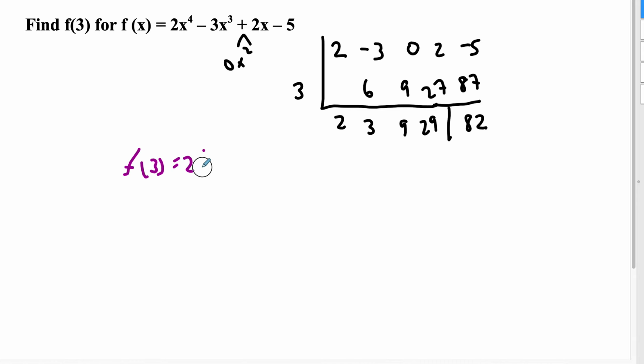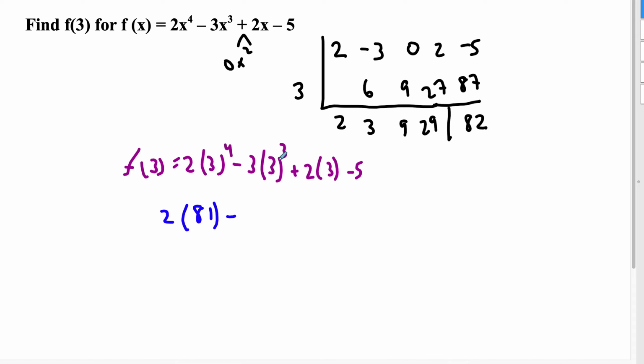Now, just to prove this, I'm going to go ahead and figure out what f of 3 is, which is 2 times 3 to the 4th minus 3 times 3 cubed plus 2 times 3 minus 5. And if all is right with the world, then I end up with 82. So 3 to the 4th turns out to be 81, minus 3 cubed is 27. 2 times 3 is 6. I think you can see why we might use this, right?